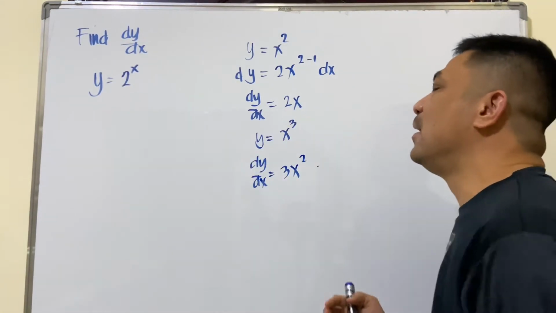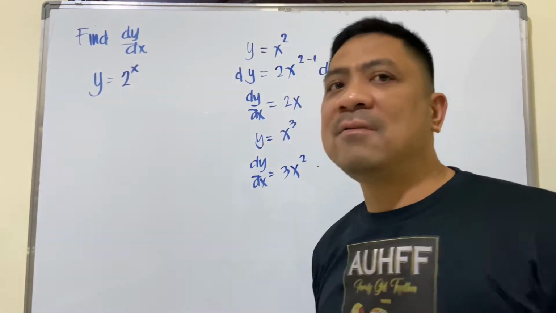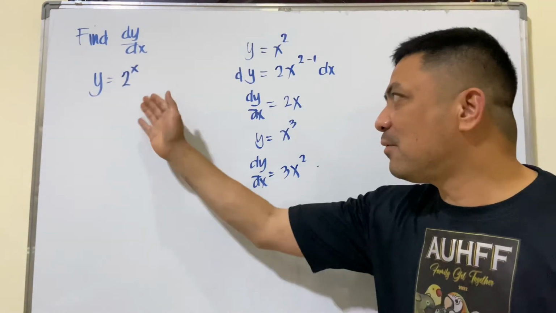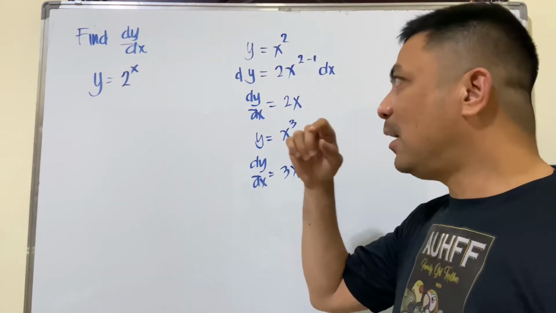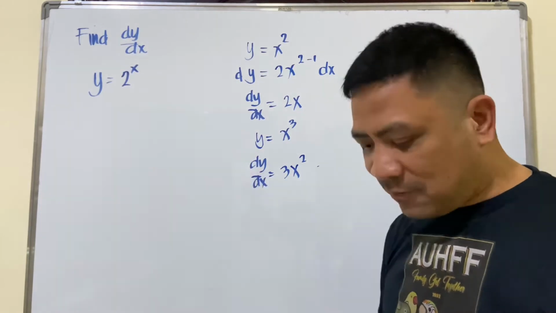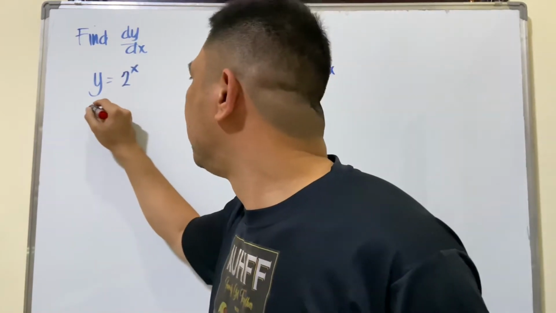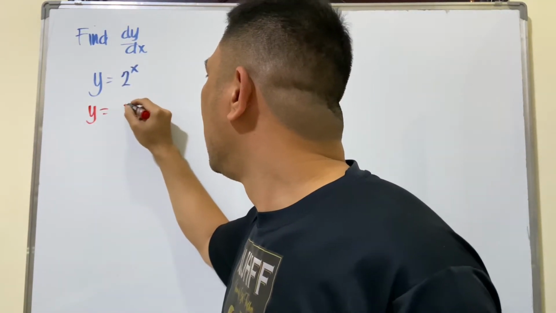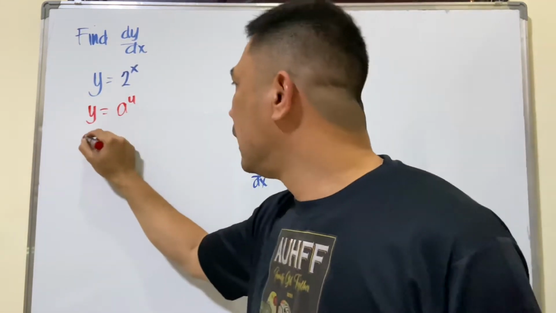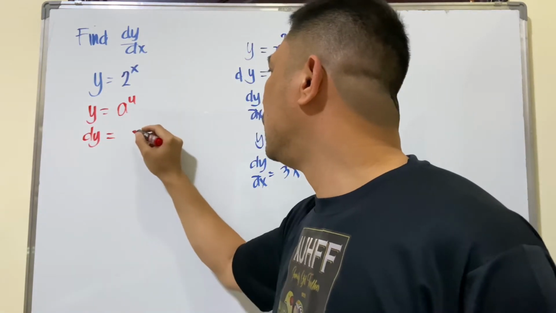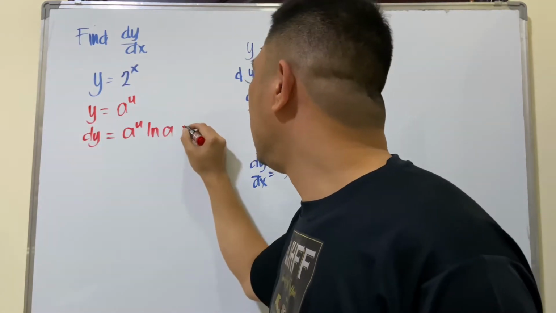It's quite easy. But what if you have the other way around, wherein you have a constant raised to a variable? What will be the derivative of this equation? I think we have a readily available formula. If you have y is equal to a raised to u, the derivative is dy is equal to a raised to u ln a du.